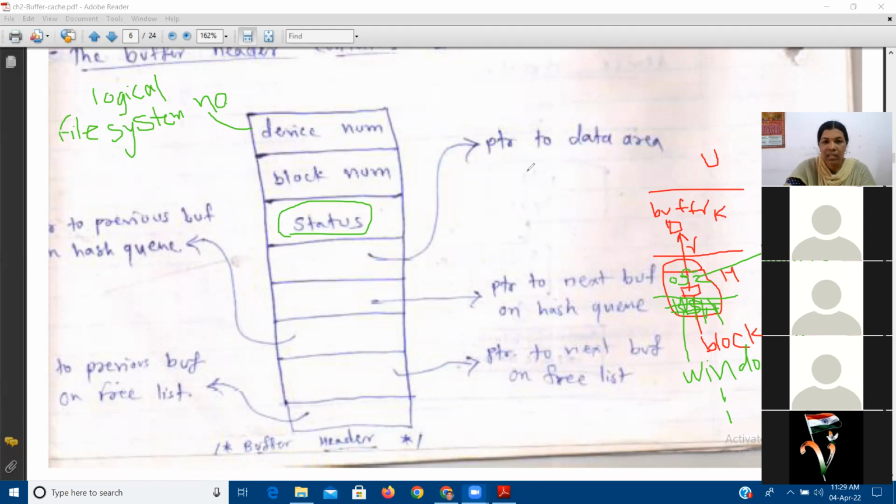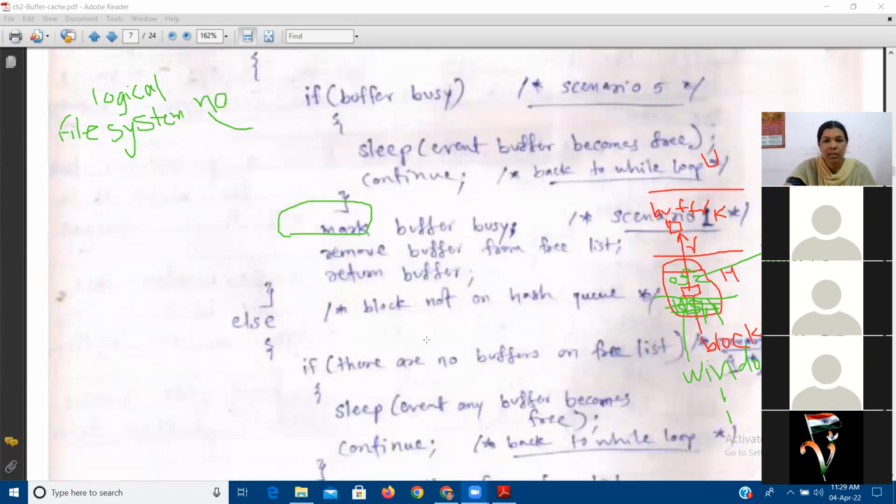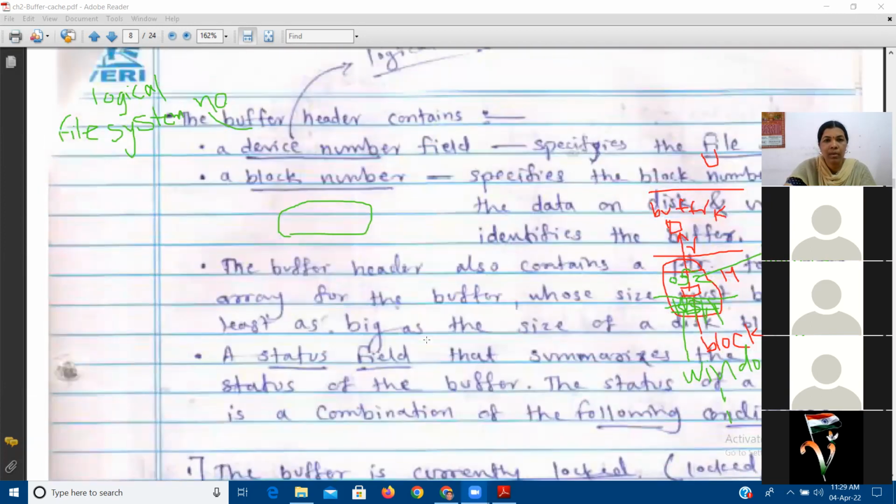So to understand the concept, I will take the help of the next slide. Yes, actually this is the algorithm. So buffer header contains device number.